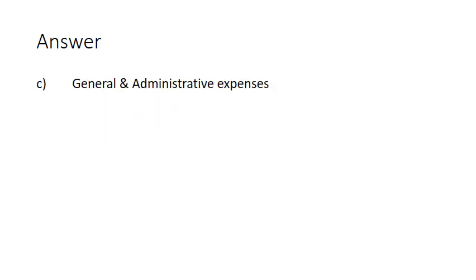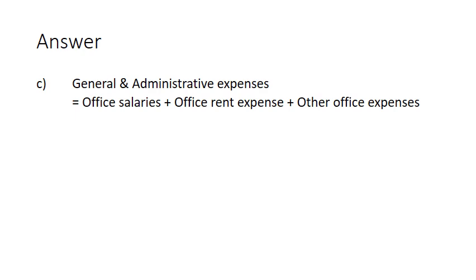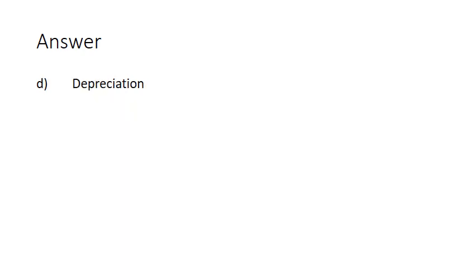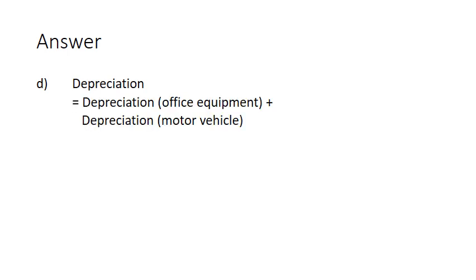General and admin expenses equal office salary plus office rental expenses plus other office expenses. So it's 30.7K plus 13.6K plus 3.8K, which equals 48.1K. Depreciation equals depreciation of office equipment plus depreciation of motor vehicle.